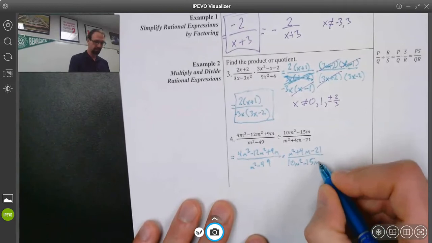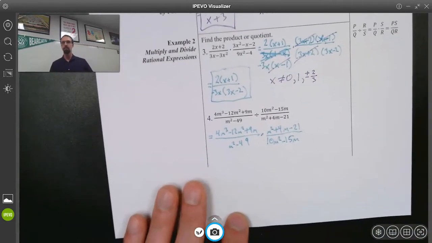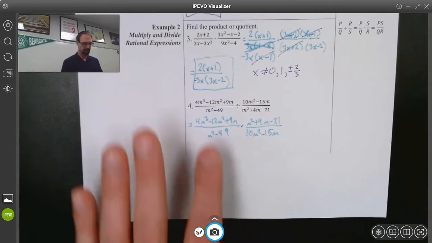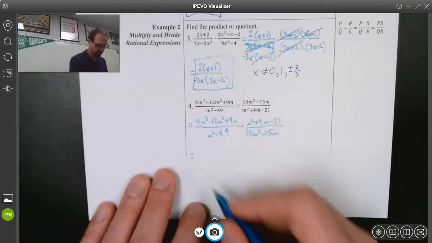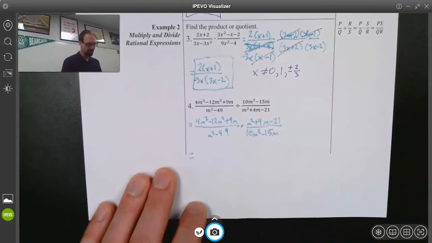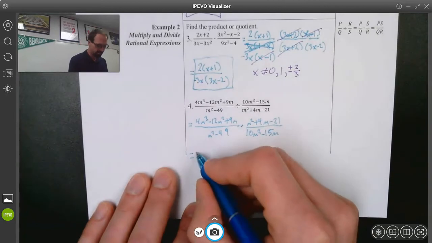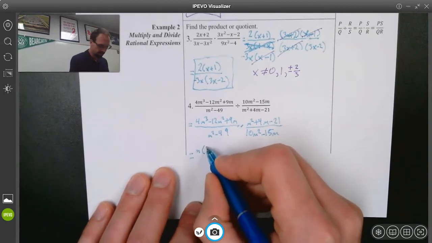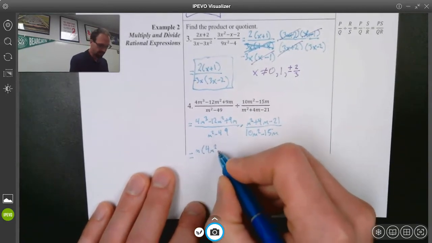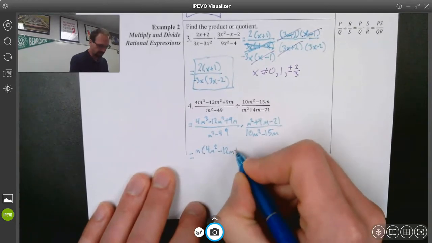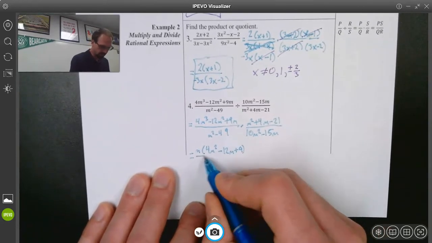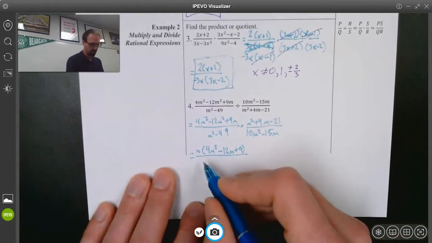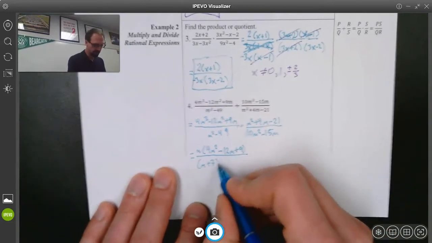All right, now working through this, I'm going to find the factors of this first one, so I'm going to factor it completely. Looks like I can pull out an m from all of that, and I'm left with 4m squared minus 12m plus 9. The denominator looks like a difference of squares. That's going to be an m plus 7 and an m minus 7.